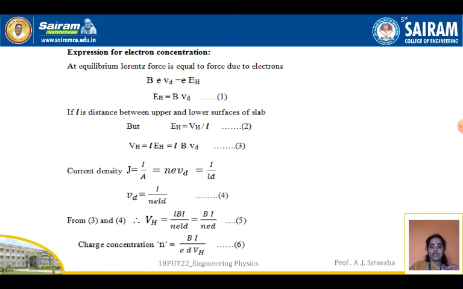Now the charge concentration N is equal to BI by EDVH. This is nothing but rearranging the terms in equation 5, giving equation 6.